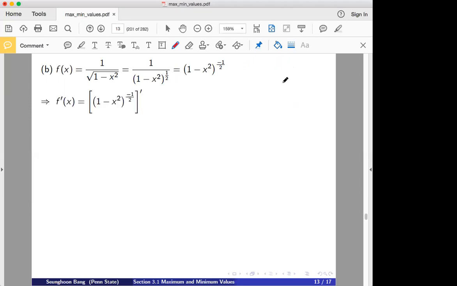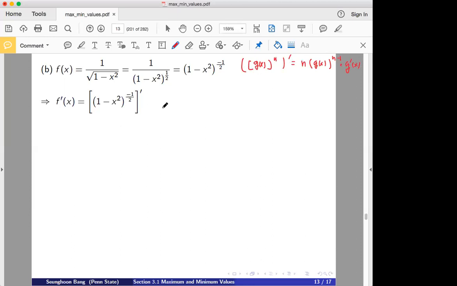Next, take the derivative. You can use the chain rule. Do you remember the chain rule? The derivative of g of x to the power n is n times g of x to the power n minus 1 times g prime of x.